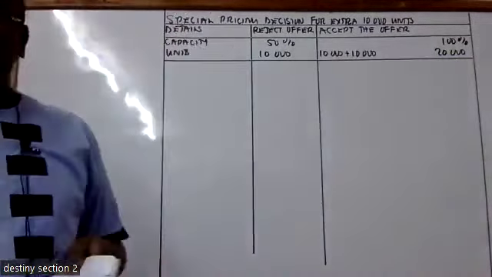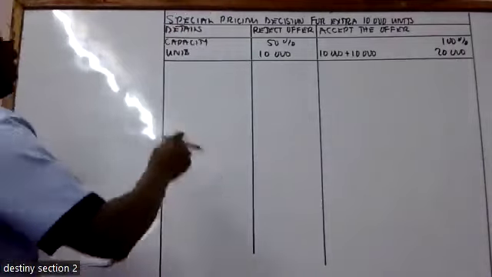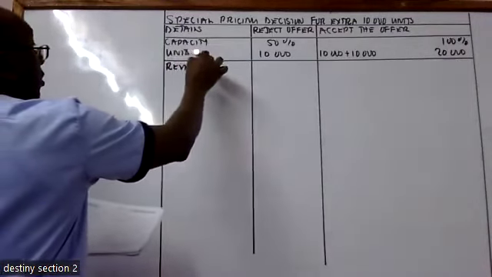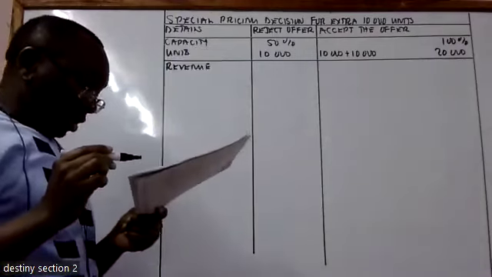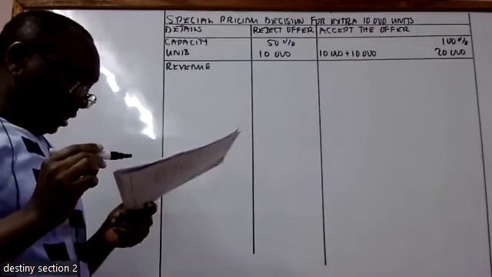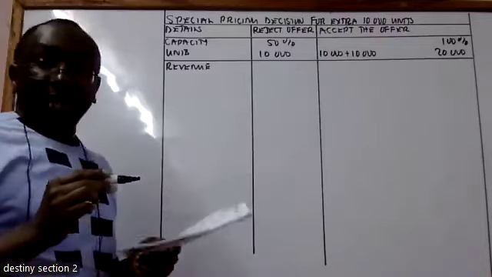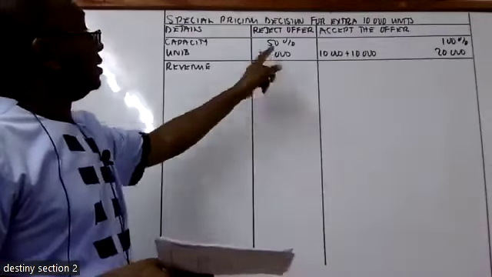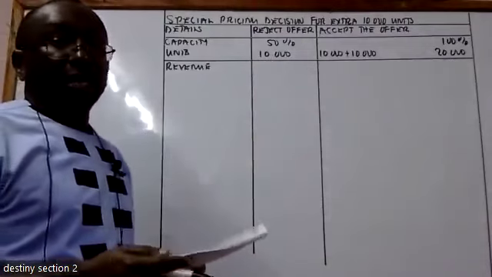So, with that understanding, let's get the revenue. The revenue, it will be 500 shillings times 10,000. So how many millions are those?